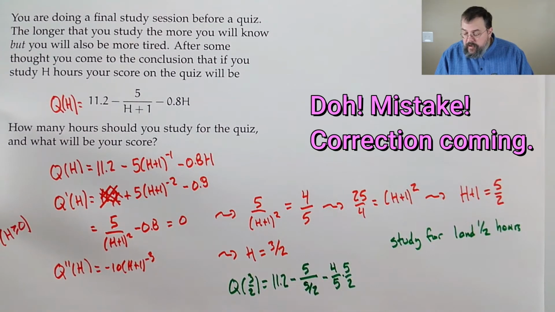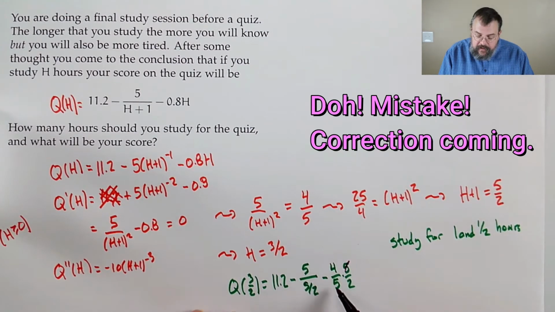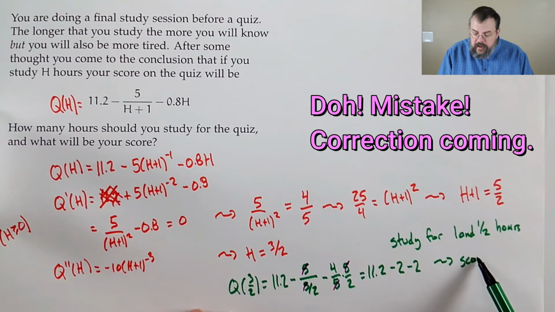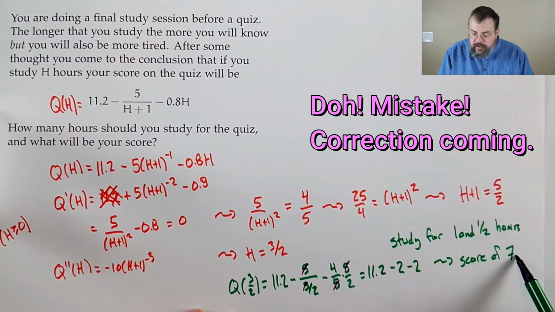And what do we see? Well, we see a lot of 5s canceling. That 5 cancels with that 5. That 5 cancels with that 5. And, well, what do we end up with? We get an 11.2. Here, 1/2 would be minus 2. Here, minus 4/2 is minus 2, which gets us to a score of 7.2.